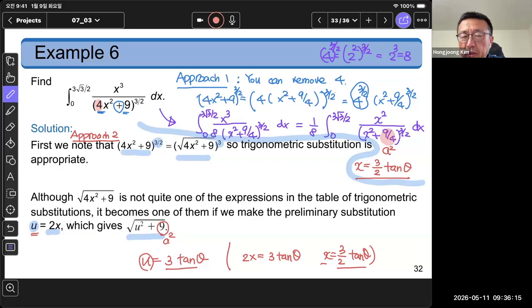You may eliminate the number in front of x squared, or you can introduce a dummy variable for a moment to make the coefficient of this new variable squared equal to 1. Okay, so either approach is fine, and you need to practice a little bit, and whatever approach you feel comfortable with can be used.